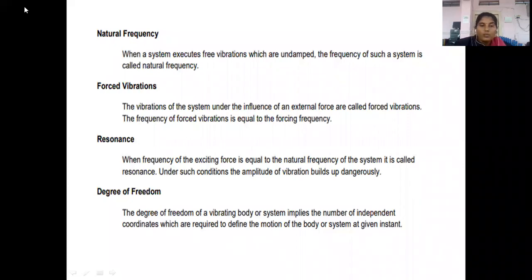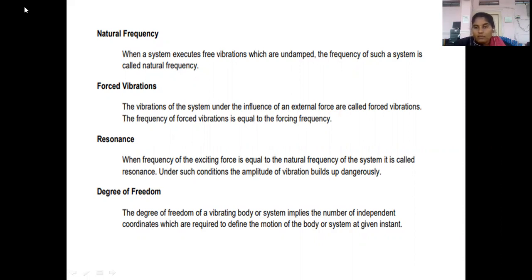Okay. Next point is the resonance. So what is the resonance? When the frequency of the exciting force is equal to the natural frequency of the system, it is called resonance. Resonance कधी तयार होतो? त्या ठिकाणी sound created.